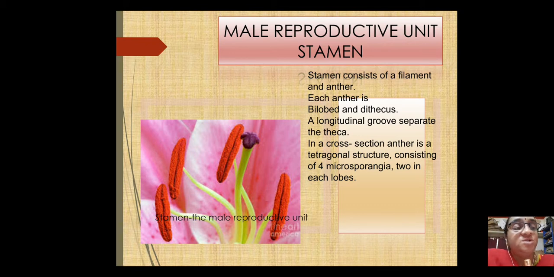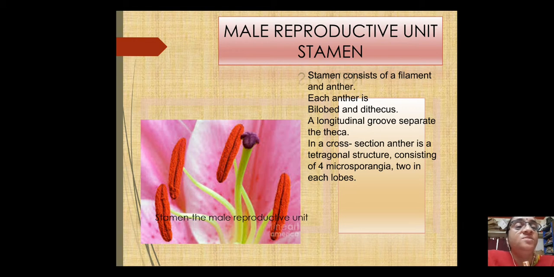Before we look into microsporogenesis, just look into the stamen. Here you are able to see the stamens, and a stamen is made up of filament and the anther. The red colored ones are anthers, and each anther is bilobed and bithecous. There is a small longitudinal groove that separates the theca, isn't it?